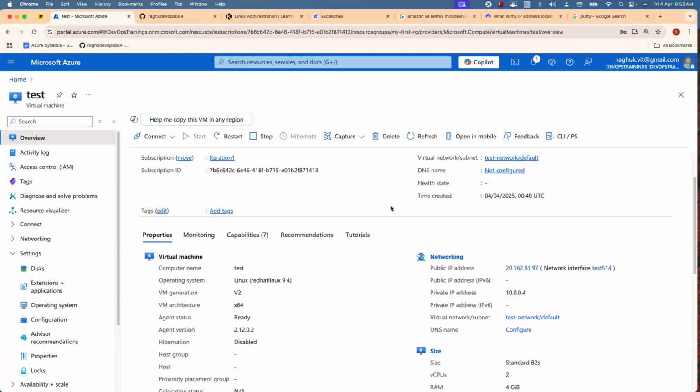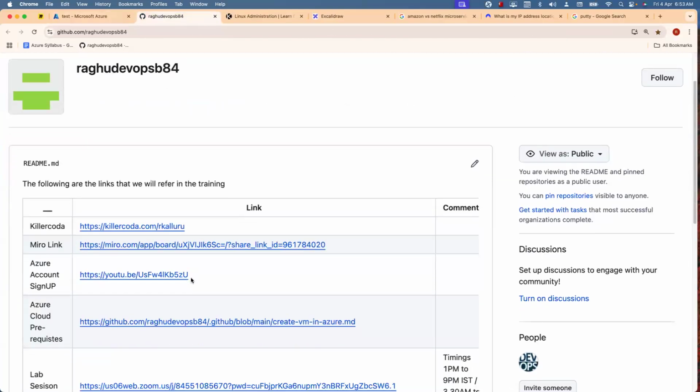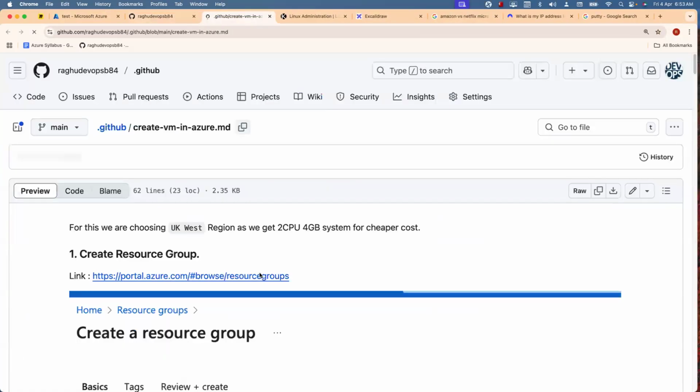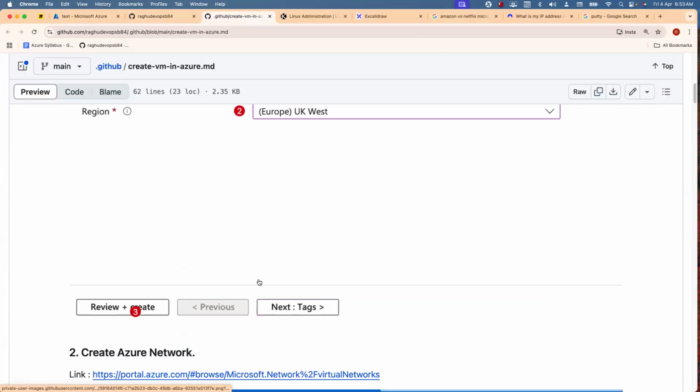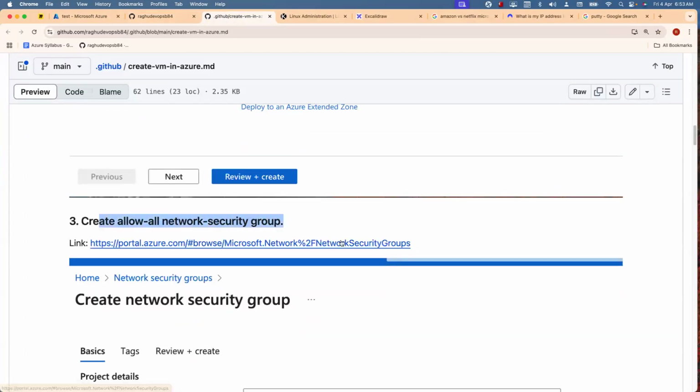If we wanted to see that particular information, the server is already protected by a firewall, and that is the firewall we have created here. On that day, in the prerequisites part, if you remember, we created one allow-all network security group.